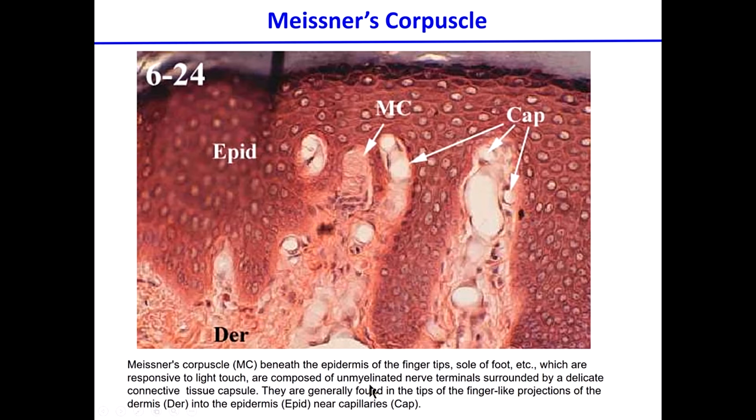What's interesting about these is that they are formed by unmyelinated nerve terminals, and these are surrounded, typically, by protection given by connective tissue, and frequently located near blood vessels. And this cap here is an indication of the capillary ends in the same location. So these are the different layers of the skin, and these finger structures that go into it. Questions?